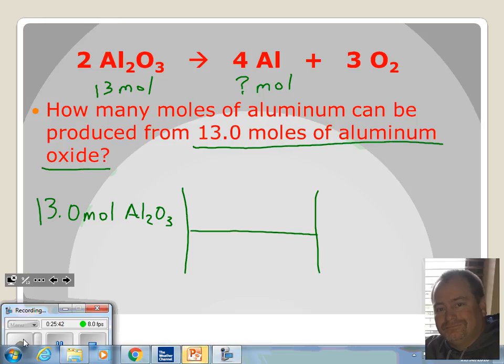The question you ask yourself first is, what do I want to cancel? Moles of aluminum oxide. So where am I going to put that to get it to cancel? On the bottom.